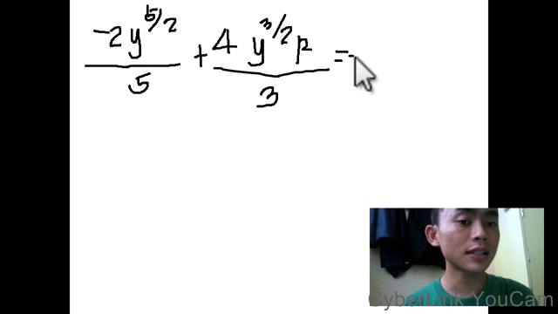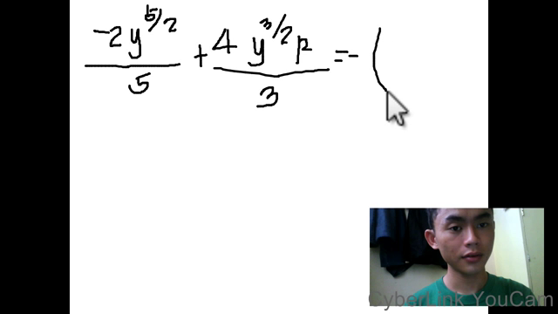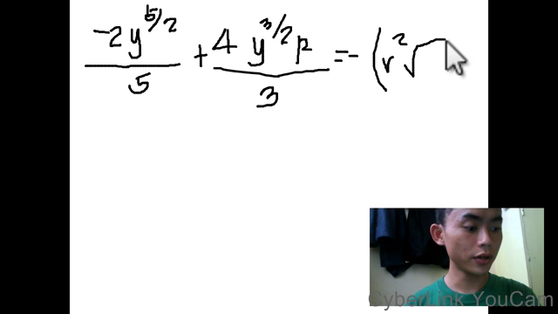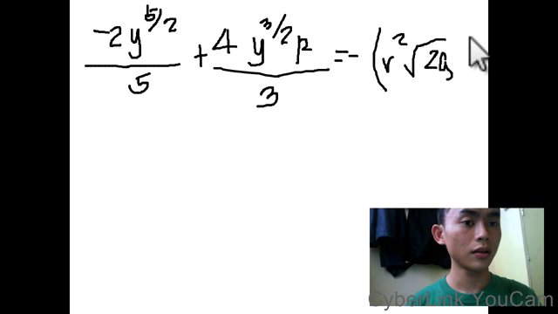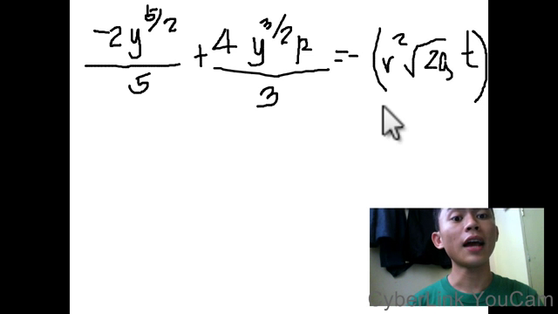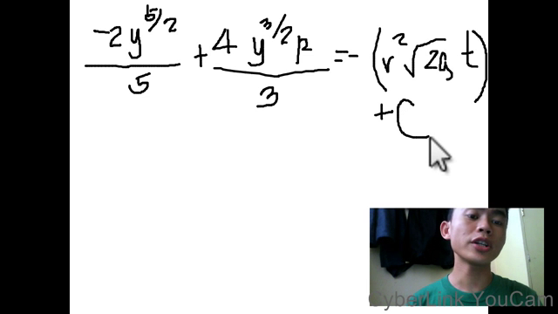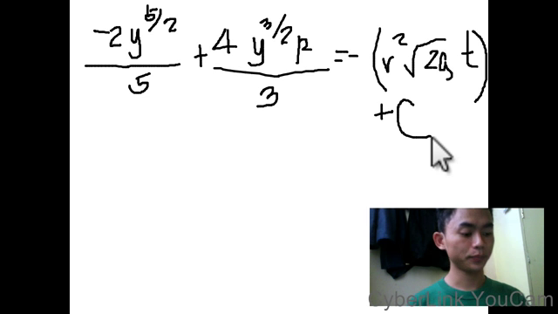So it is negative r² square root of 2g t, because it was integral, and then plus c. This is now our general solution.